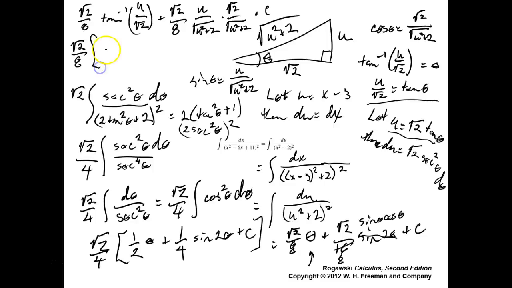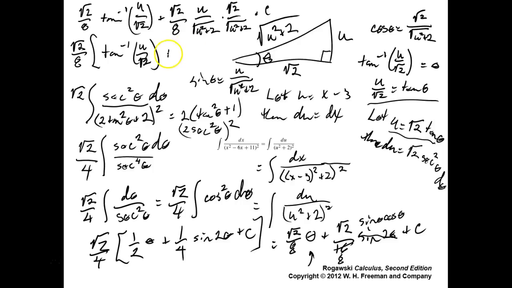Root 2 over 8 times inverse tangent of u over root 2, plus, with the root 2 over 8 on the outside, u times root 2 over, but those two denominators are the same, multiply to each other, lose the square root, that would be u squared plus 2. And then you have your plus c.